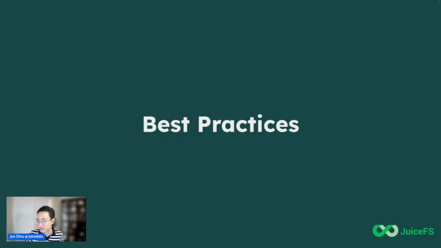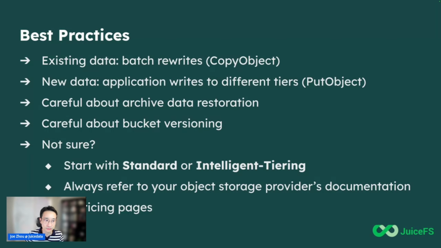Awesome. Some best practices that I want to share with you when you're using this feature. Let's see what we can do with this feature. A few obvious examples: maybe you have existing data where you know that everything in this folder, we don't need to read for a long while, but we still want to keep it.